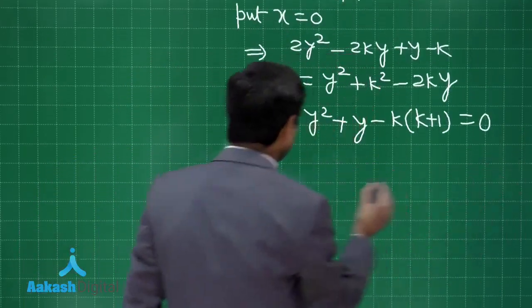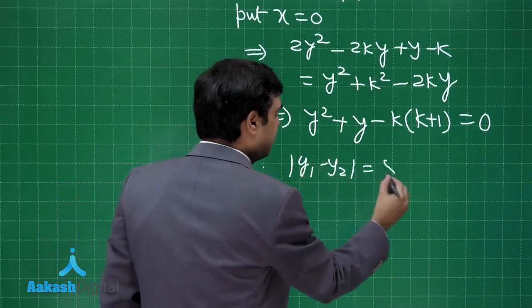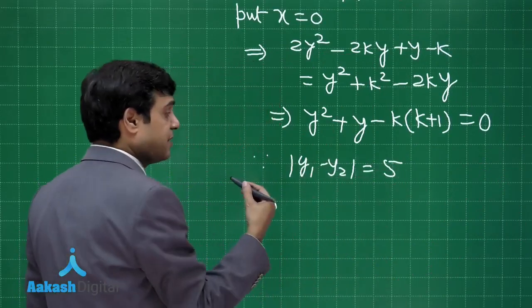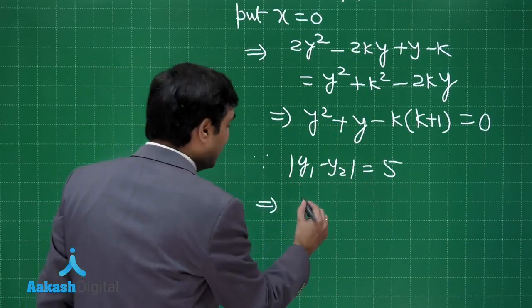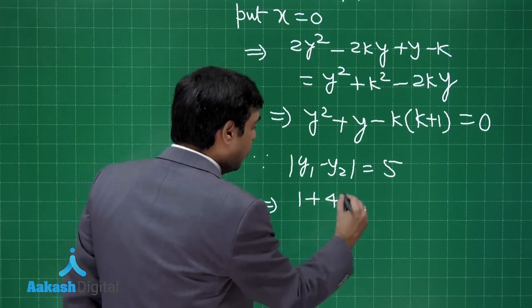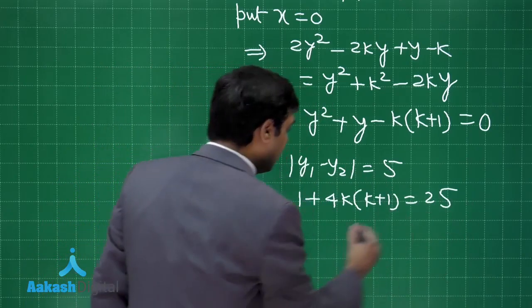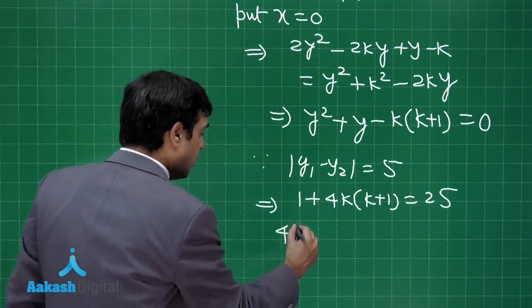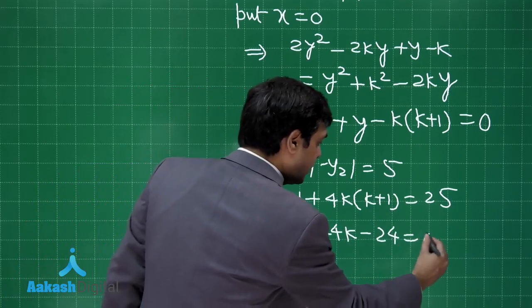Since mod y1 minus y2 is 5, squaring both sides, we have (y1 minus y2) whole square is 25. That means 1 plus 4k(k plus 1) is 25, or 4k square plus 4k minus 24 equals 0.